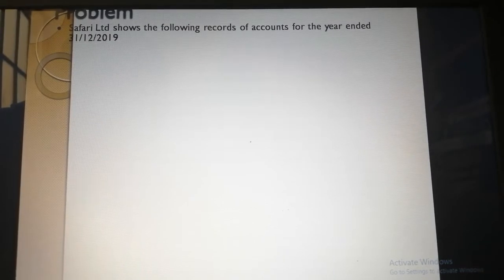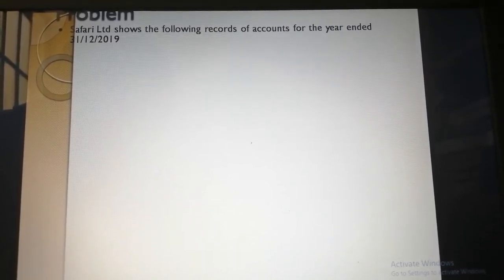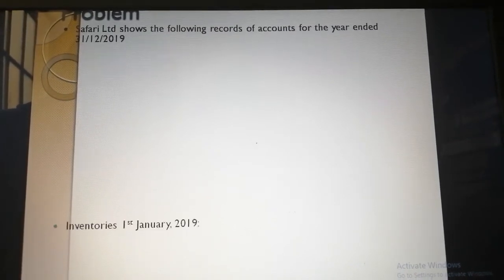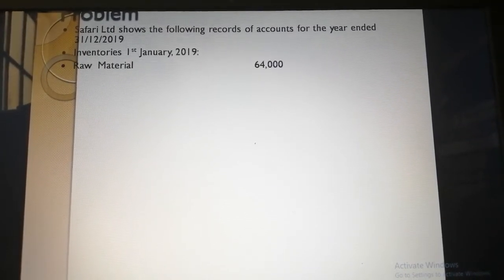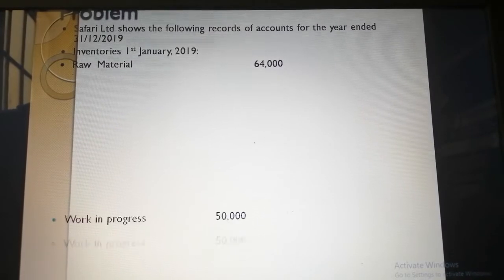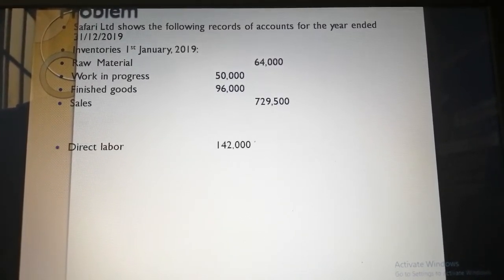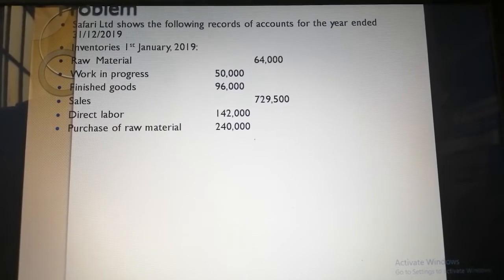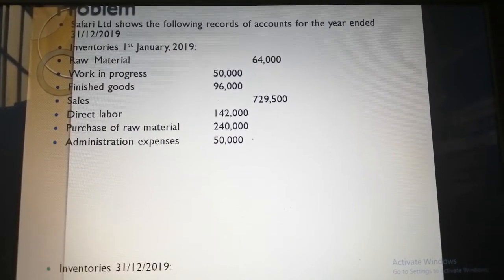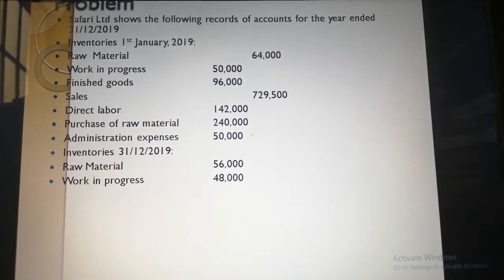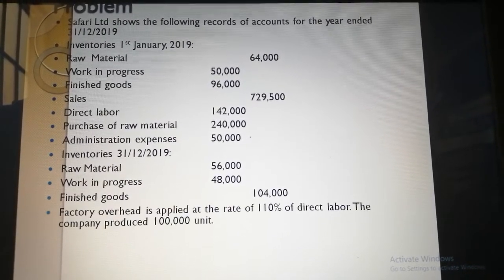Now, we want to take a question which will help us in solving a problem as far as a manufacturing account is concerned. So this is the question. We have inventory: raw materials, work in progress, finished goods, sales, direct labor, purchase of raw materials, administrative expenses, and closing inventories: raw materials, work in progress, finished goods.